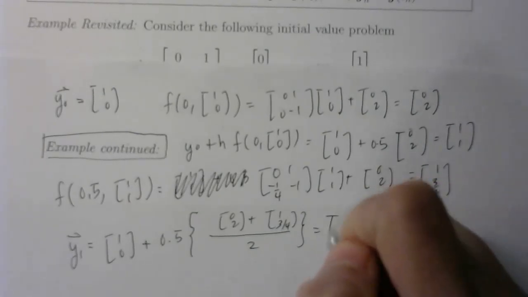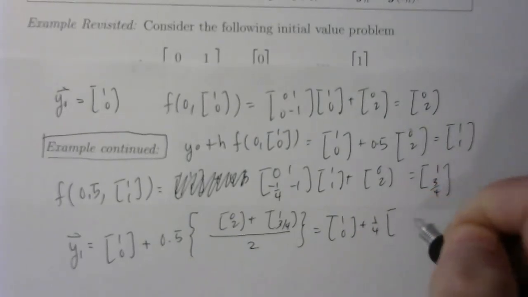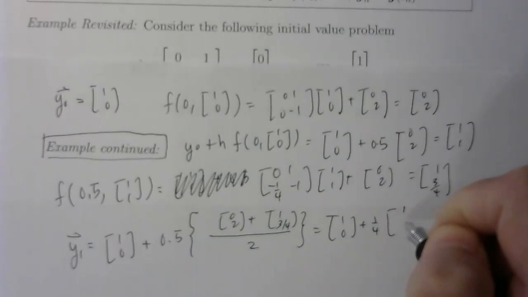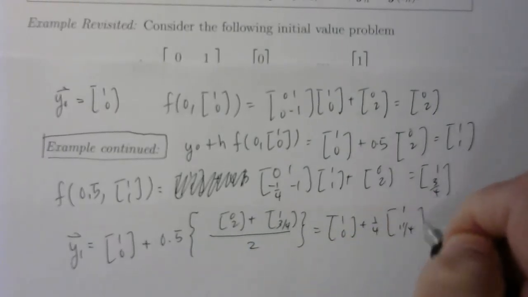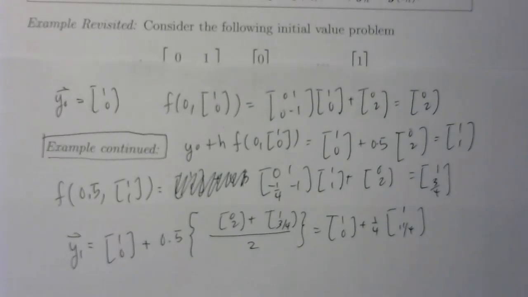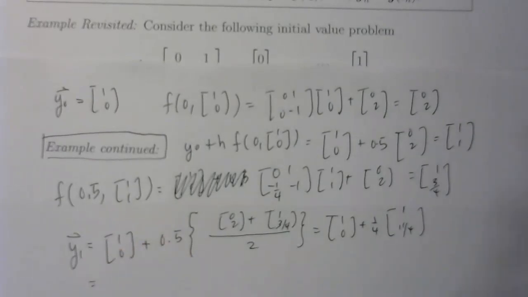Okay, so that's 1, 0 plus 1/4 times 1, and that's 8/4 plus 3/4, so 11/4. So if I divide by 4, this is 1 plus 1/4, so 5/4, and 11 over 16.